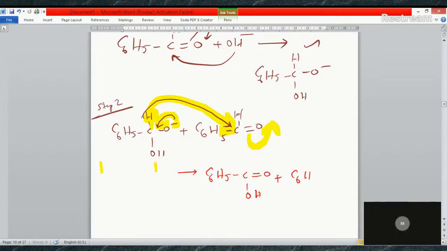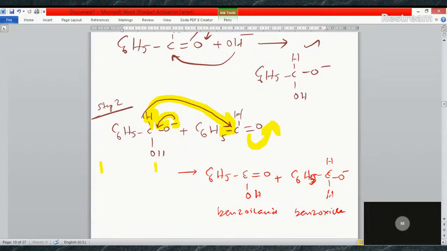The other one, C6H5CH2, where the other hydrogen is attacking, and it is carrying minus. So the substance formed is called benzoic acid, and this is the benzoxide ion.